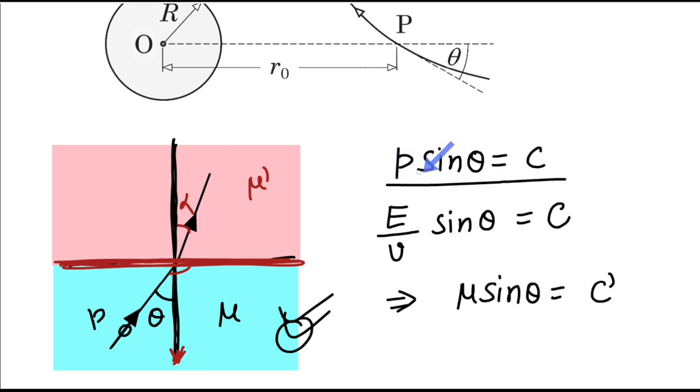And we can write the momentum p as energy divided by speed of this photon in this particular medium, right? So E by V into sine theta will also remain constant, and the energy of the photons will not change because the frequency is going to remain same. So whatever is the medium, the energy is going to be same, but we can write here by definition V as C by mu.